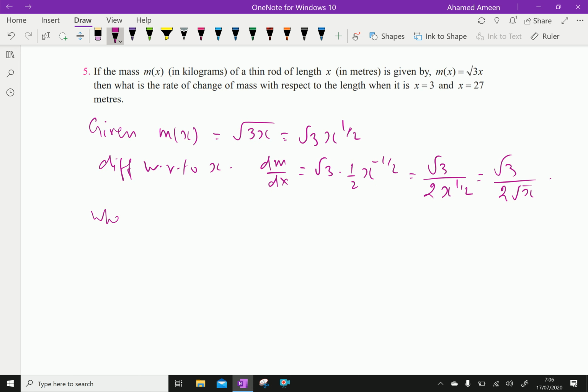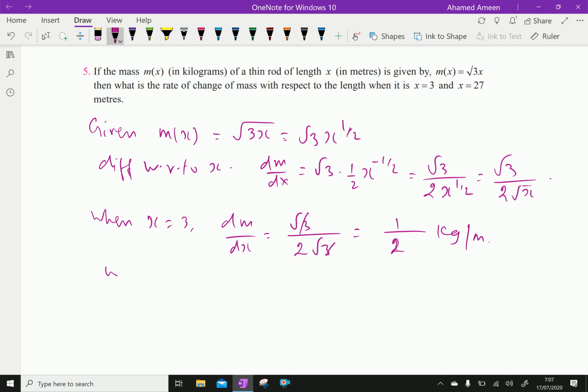When x equals 3, then dm by dx equals, substituting x equals 3 here, root 3 by 2 into root 3, which equals 1 over 2. The root 3 and root 3 cancel, so it is 1 over 2 kg per meter, the change of mass with respect to length.